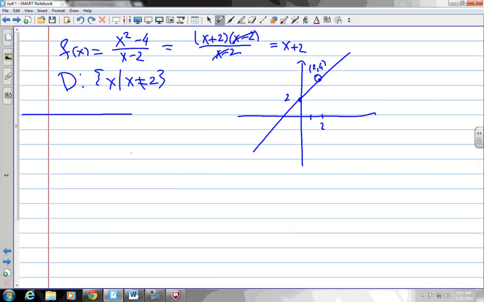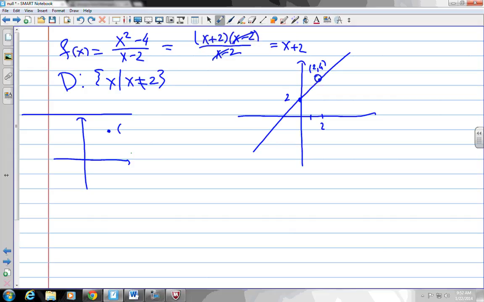If you end up simplifying that, you're still trying to use the original. So the domain is always defined by the x minus 2 in the denominator. Let's say I have this parabola, right here.